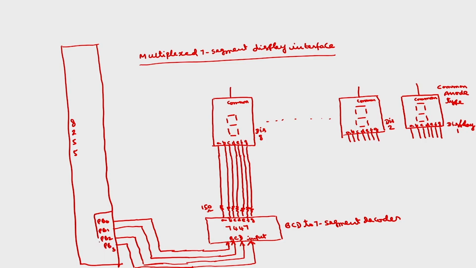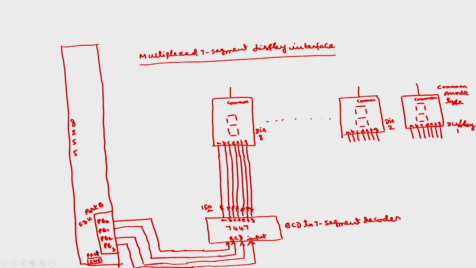Port B has address FDH, and inside it there is a control word register whose address is FFH.